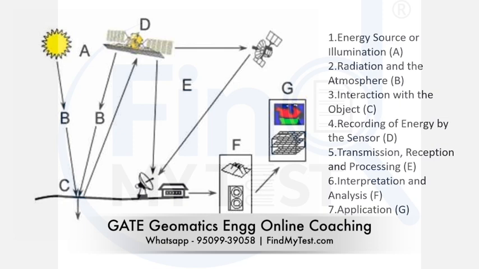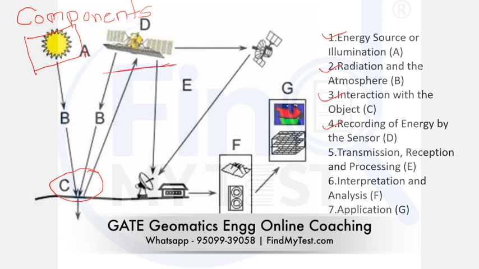Okay, so these are the basic components of remote sensing. A is the energy or source of illumination, usually the sun. Then comes B, that is radiation and atmosphere. Then comes C, that is the interaction with the target. Then comes D, that is recording of the sensor.